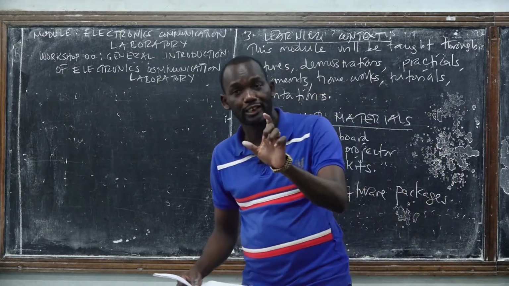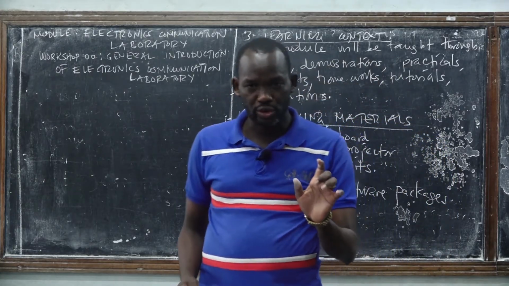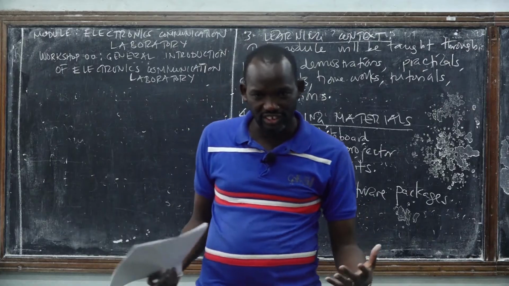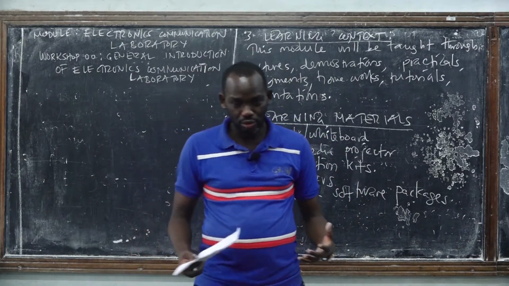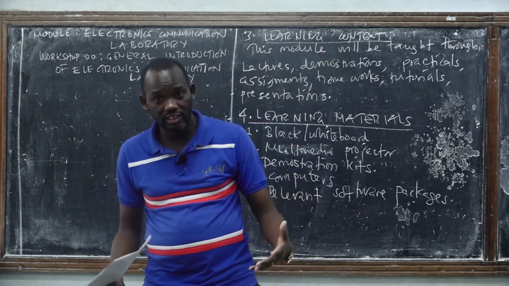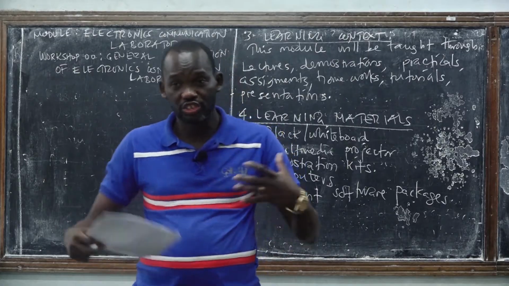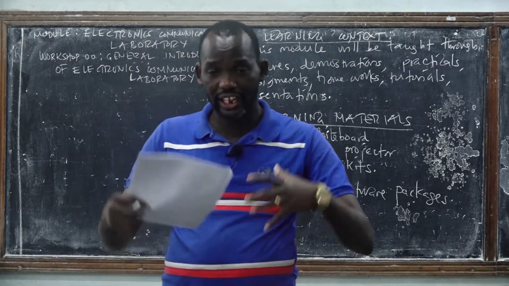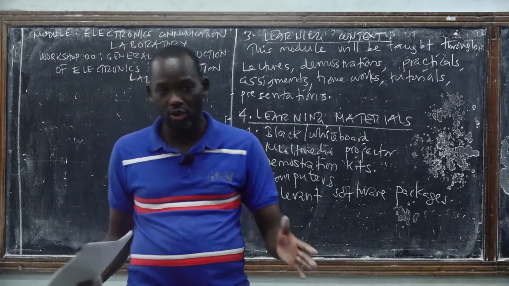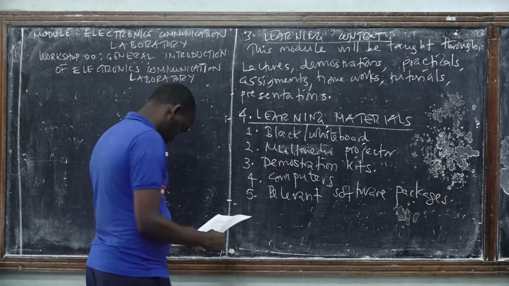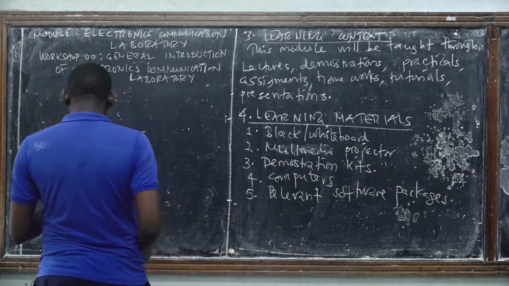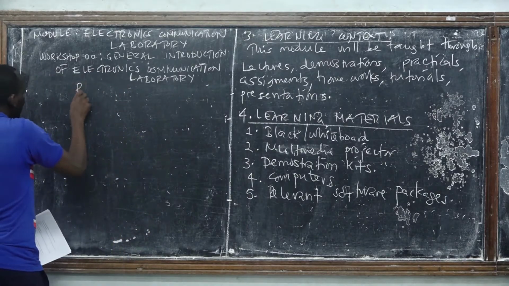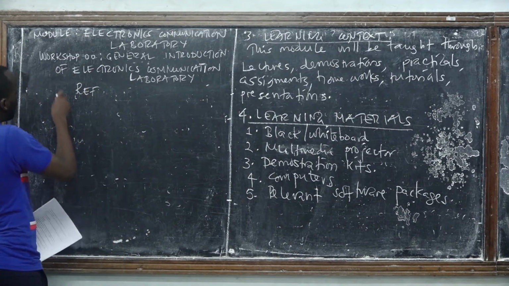That's a very important part, because we are not actually innovating. There are some people who did experiments, investigations and research, and then came up with the analysis or presentation of the concept. So what are the reference books recommended for you to learn this module? This will be number 5.